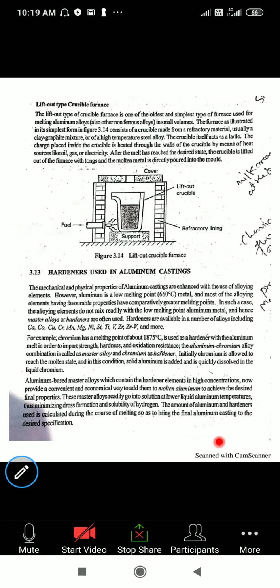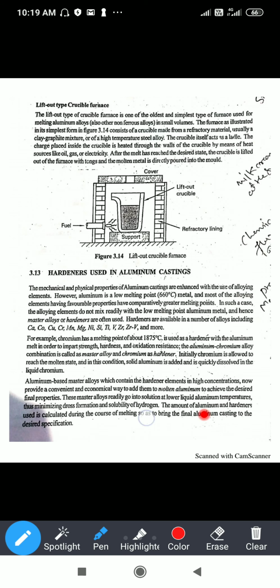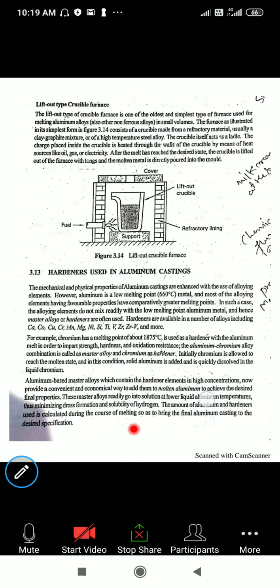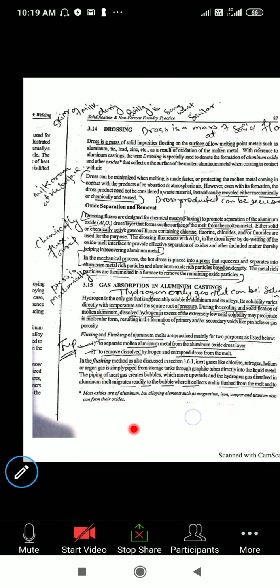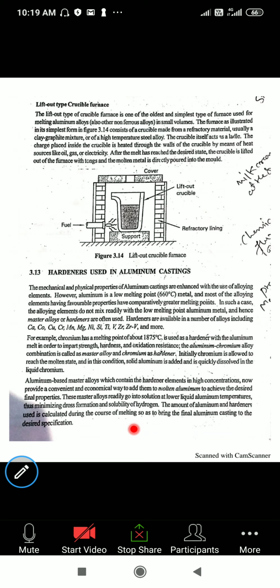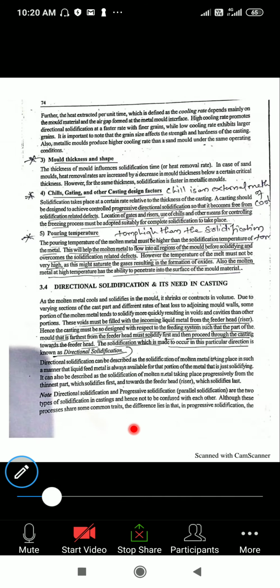That also we are going to study now. Okay, we'll proceed further. This is a master alloy hardener in the solution, at low liquid aluminum temperature, thus minimizing the dust formation for the suitable hydrogen.